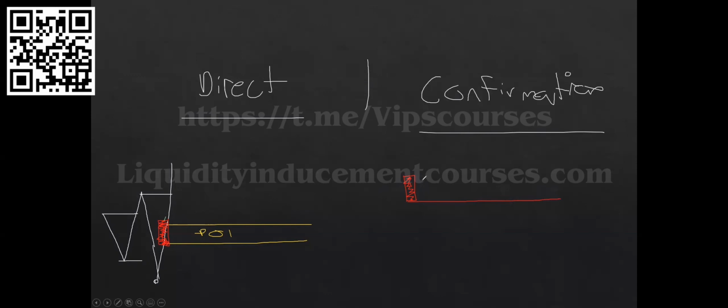Once we break this down to a lower time frame, in that key level we're going to see multiple candles. So let's say we see some bullish candles here.